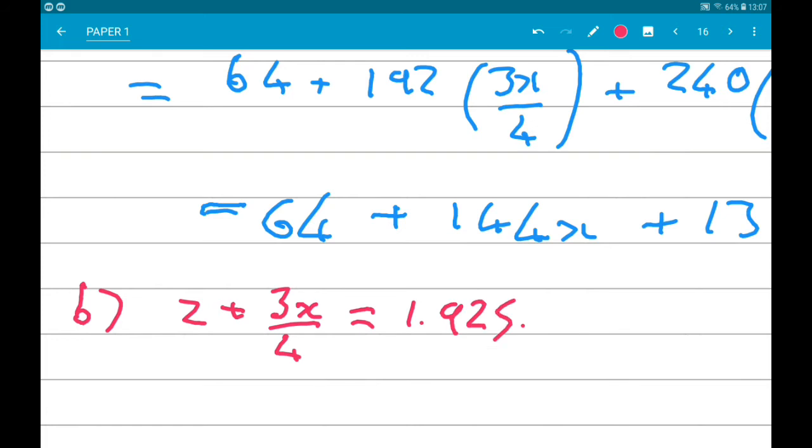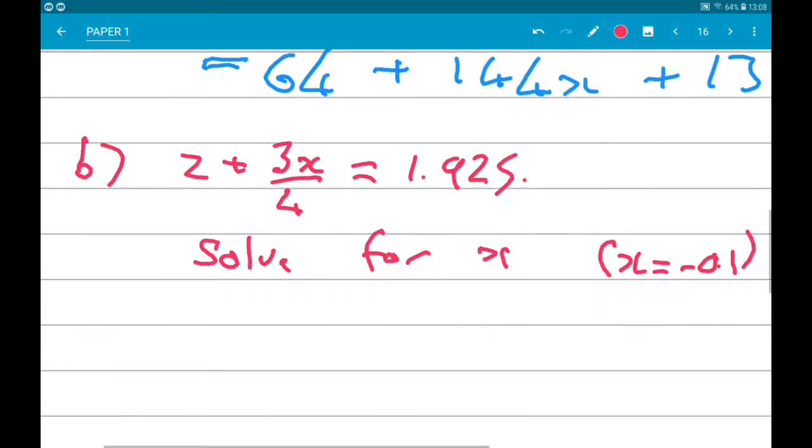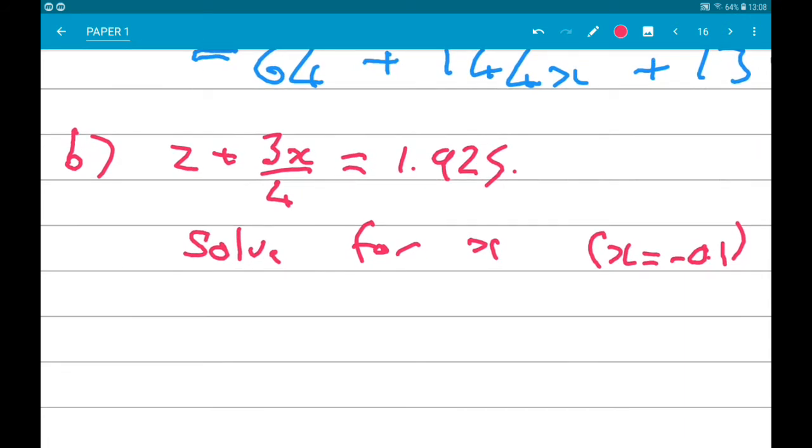You would then solve this for x. Now if you want to do it, you should get x is minus 0.1. And then substitute that value into our expansion.